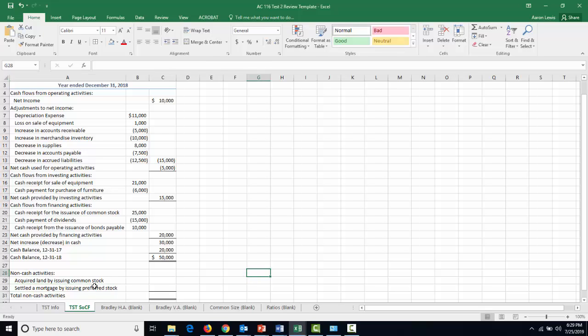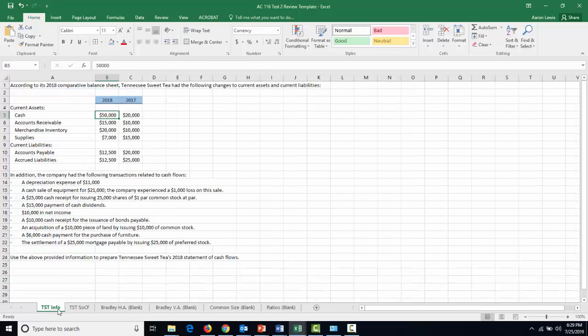Let's go find the sum of those two numbers. For the acquisition of land by issuing common stock, it was $10,000, and for the mortgage, getting rid of that for preferred stock, it was $25,000.